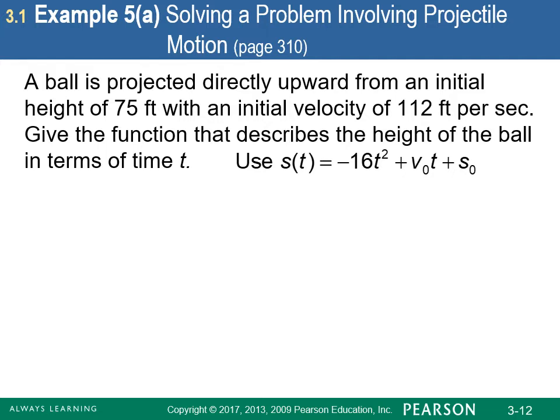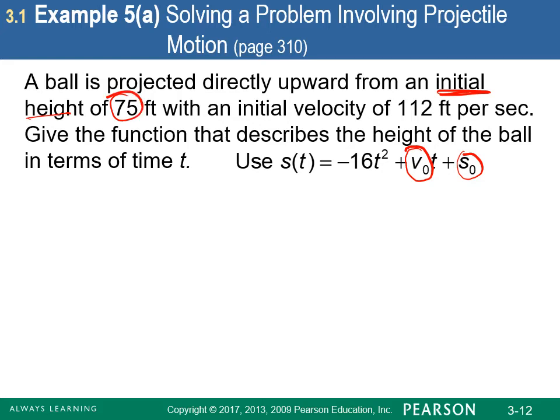So to begin with, we're given this formula, if you will, where v with a subscript of 0, which is usually pronounced v naught, and s with a subscript of 0 represent the initial conditions. So we're told that initially the height was 75.